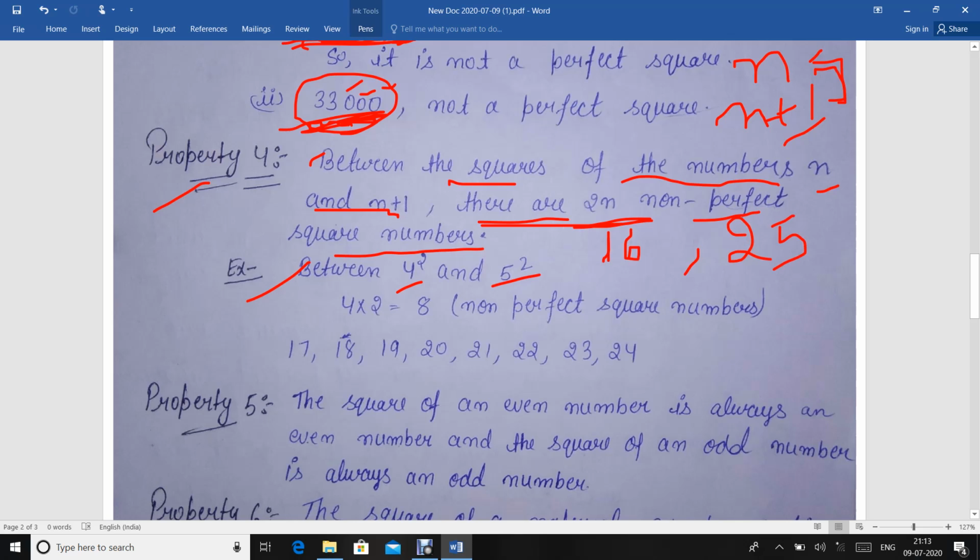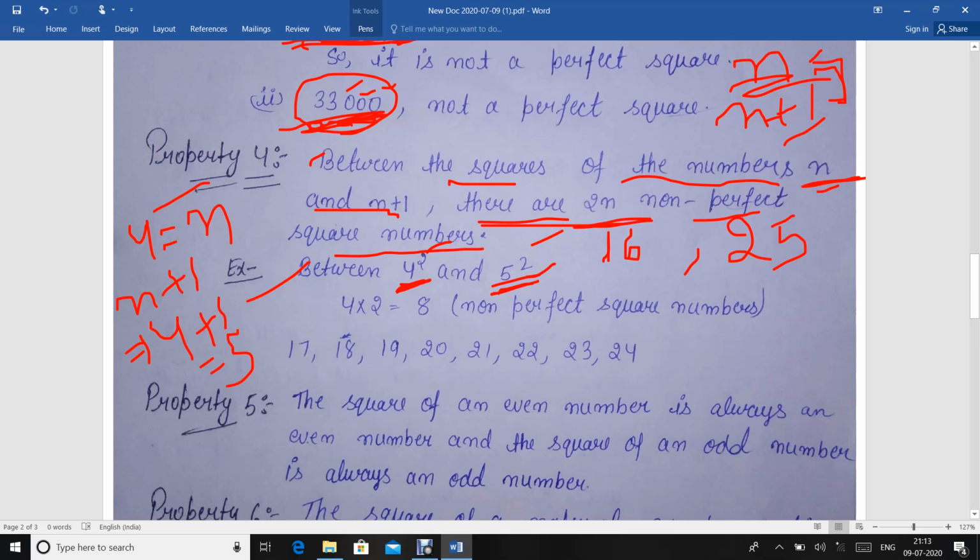Here 4 is equal to n, and the next is n plus 1, which is 4 plus 1, equal to 5.